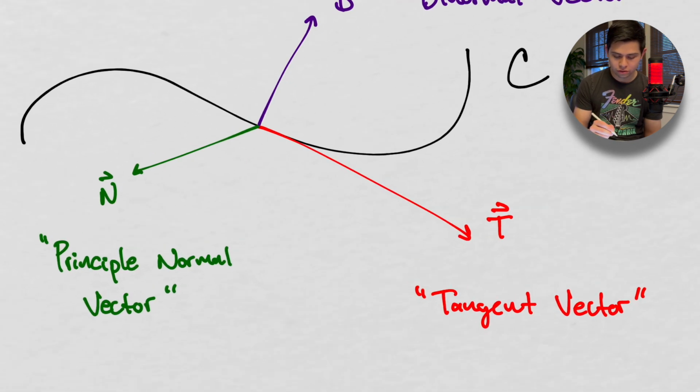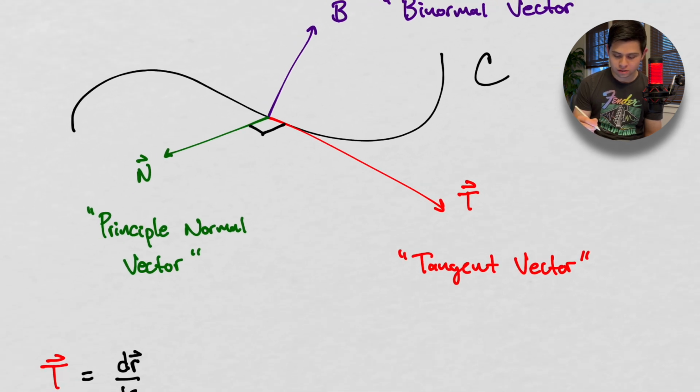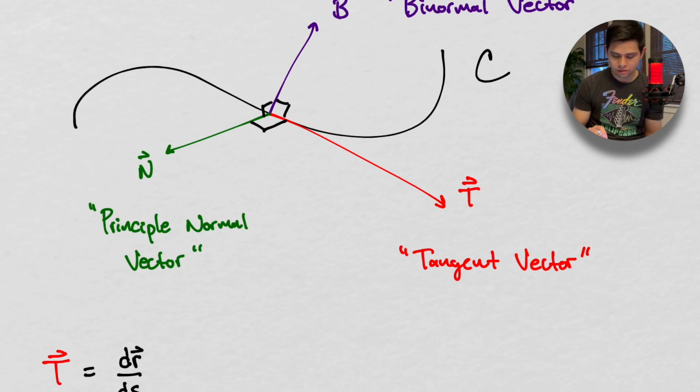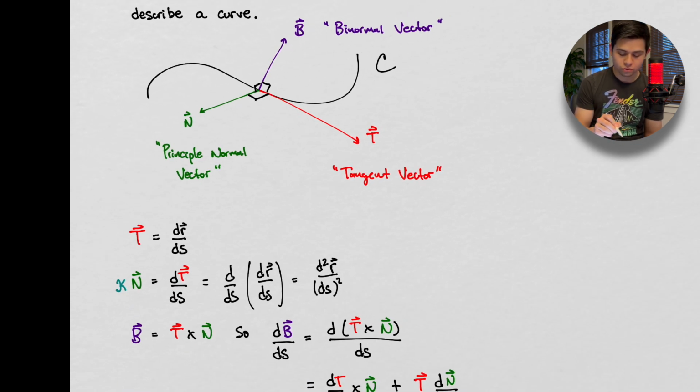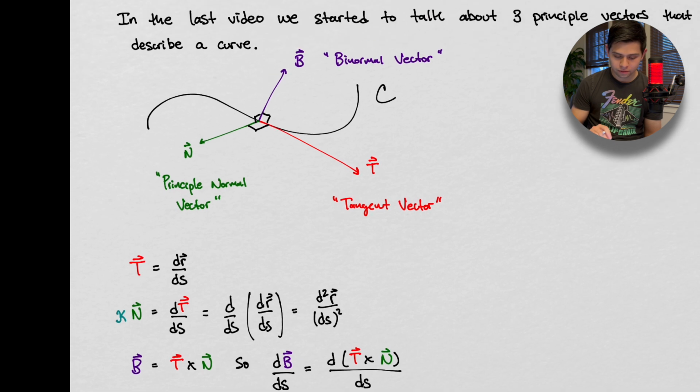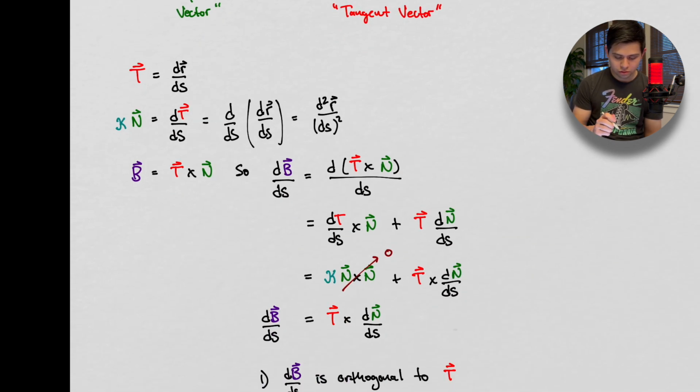The normal vector and the tangent are orthogonal to each other, and when we take the cross product of them, we find that the binormal vector is also orthogonal to these two vectors. So that's what we're saying right here.